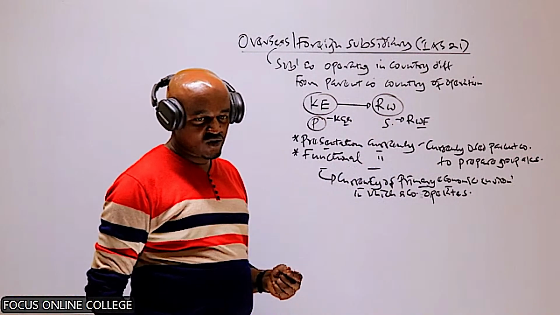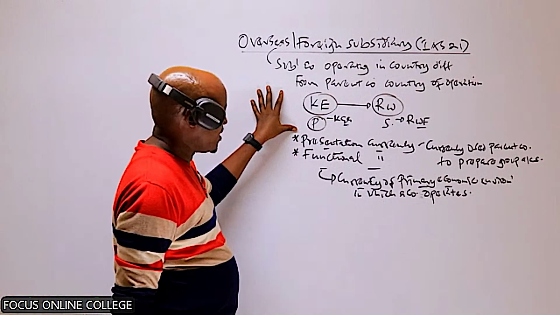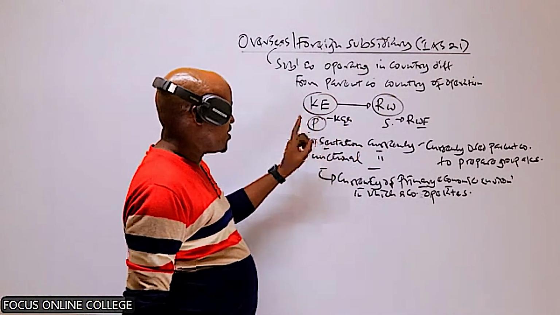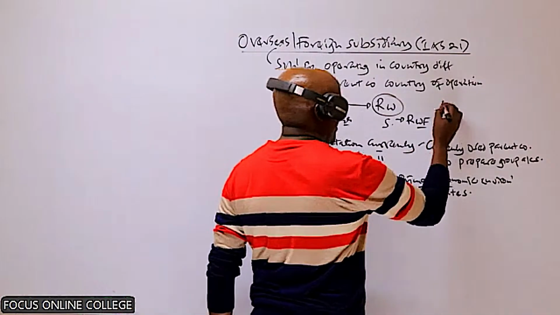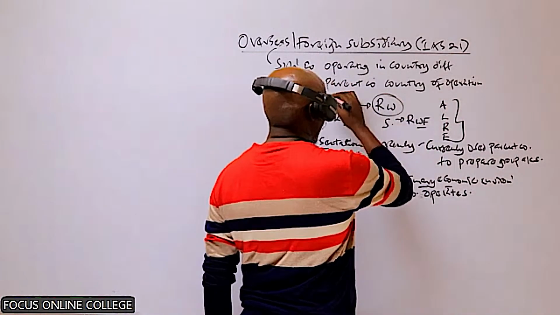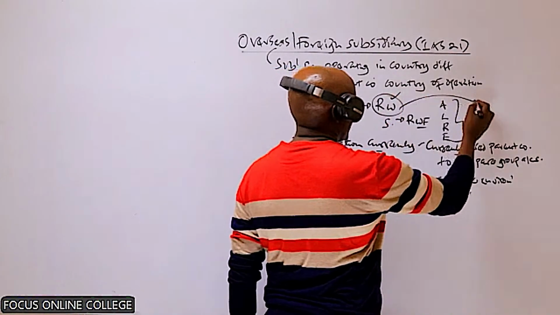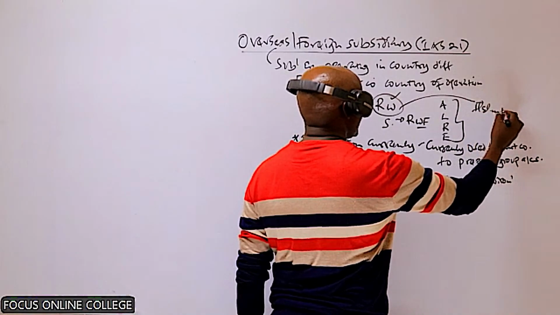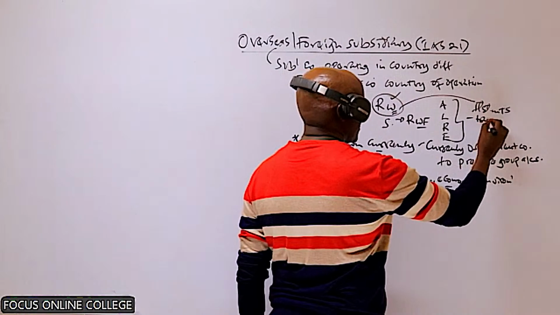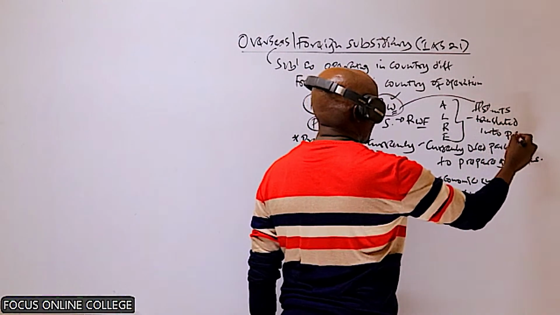So in this case, when preparing the group accounts, before you proceed to do the consolidation, before you add assets, liabilities, revenue, and expenses of the parent company and this foreign subsidiary, it is important for the financial statements of the foreign subsidiary to be translated into the presentation currency.